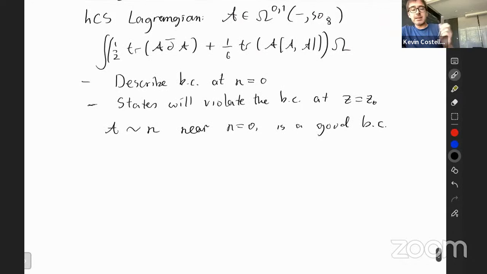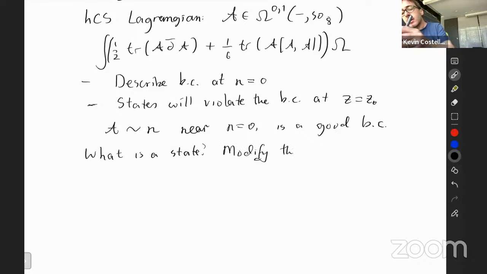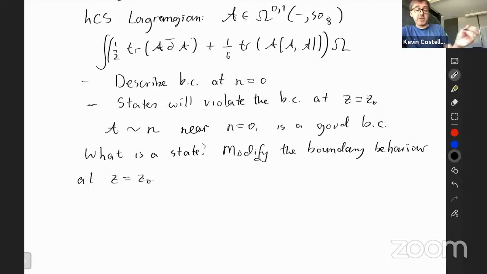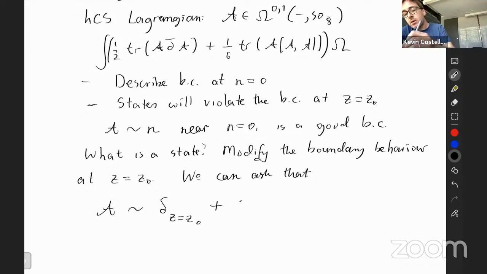Now we can ask, what is a state? The answer is, of course, we're going to modify the boundary behavior at some value of Z. For example, we could ask that A goes like a delta function at Z equals Z0 plus on.